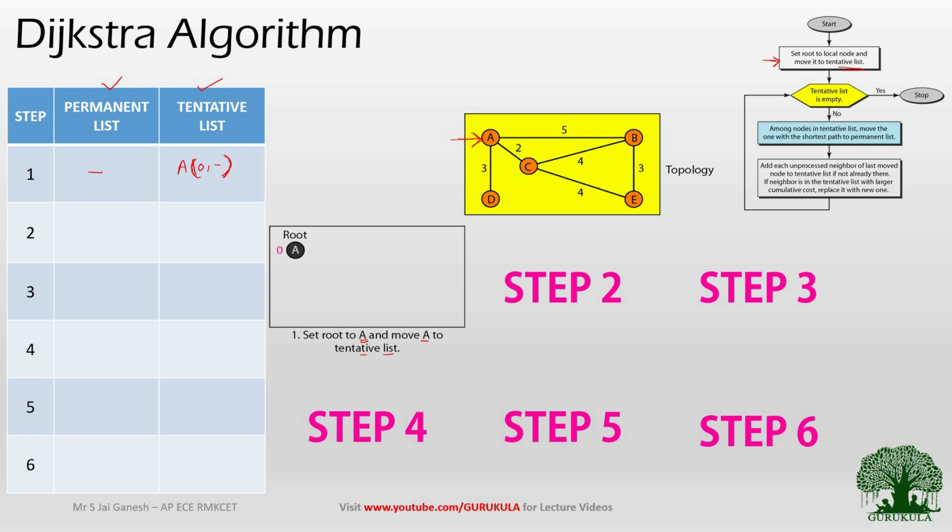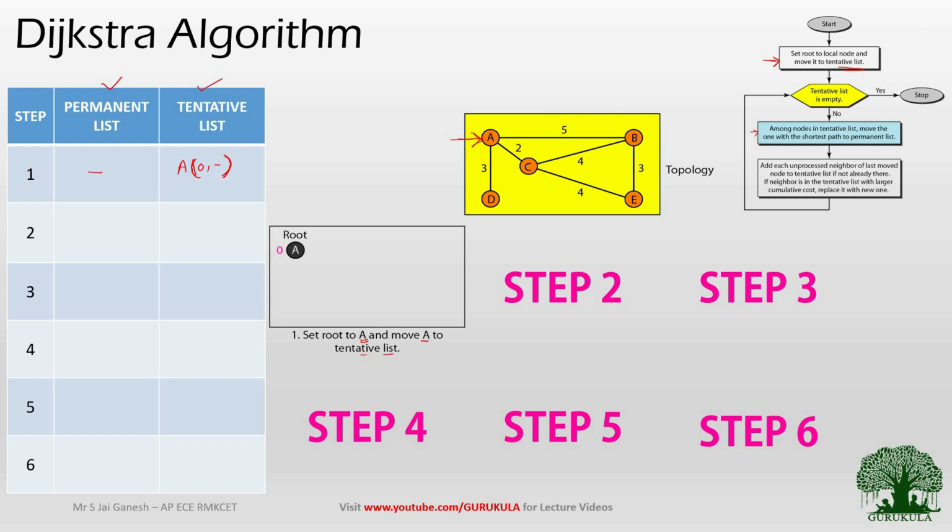In case the tentative list is empty, then we can stop the algorithm, but here the tentative list is not empty, so we need to further proceed with the flowchart. Here, we need to check among the nodes in the tentative list and move the one with the shortest path to the permanent list.